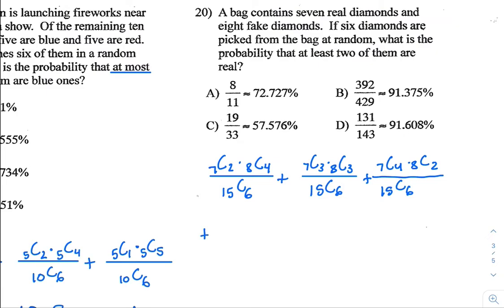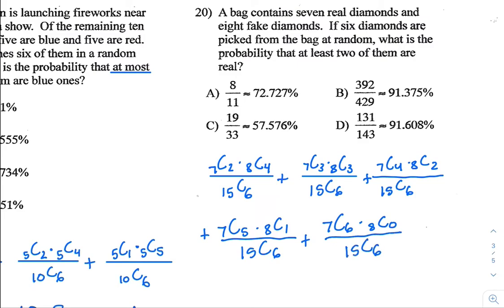Continuing on, now you need to do the scenario when you picked out 5 real diamonds, which means you picked out only 1 fake diamond. And lastly, if all 6 are real diamonds, then you've picked out 0 fake diamonds.